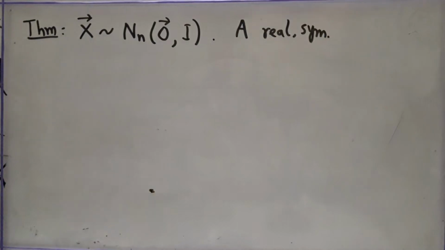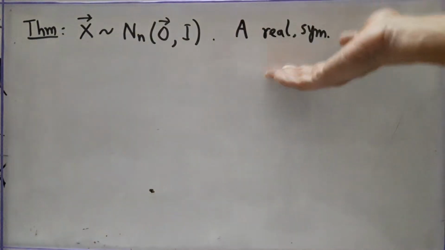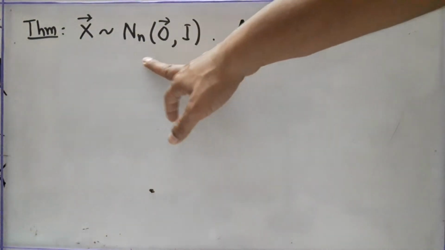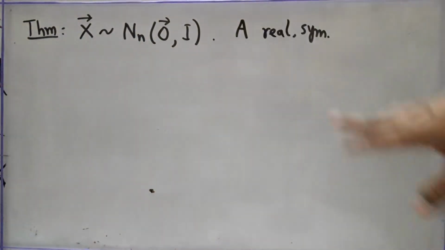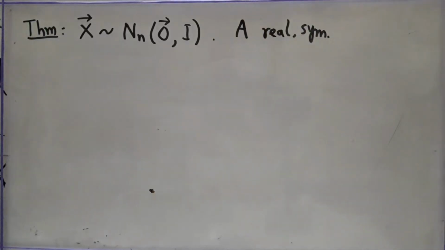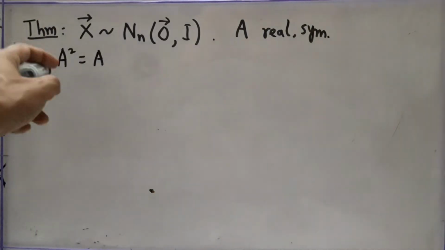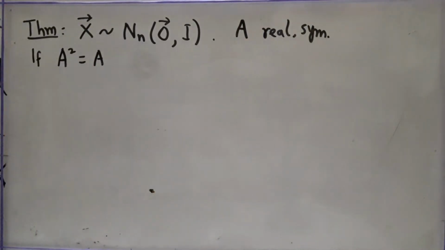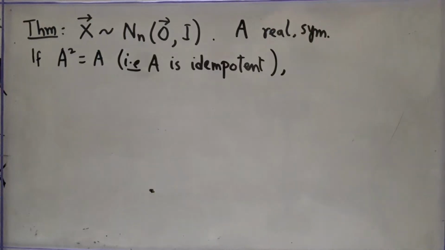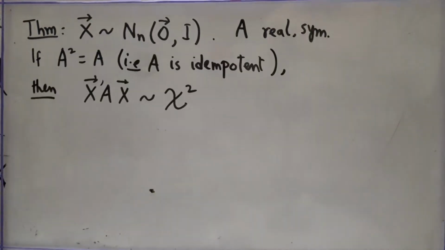The first and the most important theorem that we are going to discuss starts with our background setup. X is multivariate normal (0, I), and A is a real symmetric matrix. We are going to put one more assumption on A. If A squared equals A, that is A is idempotent, then x transpose Ax will have a chi-square distribution.